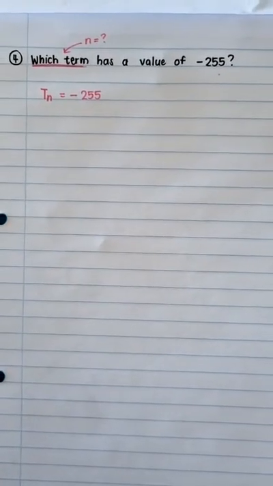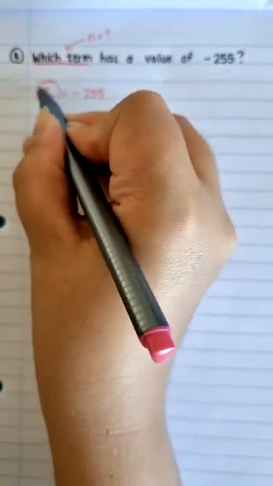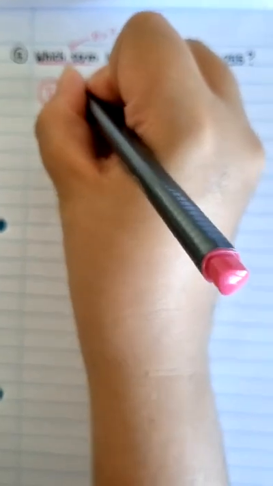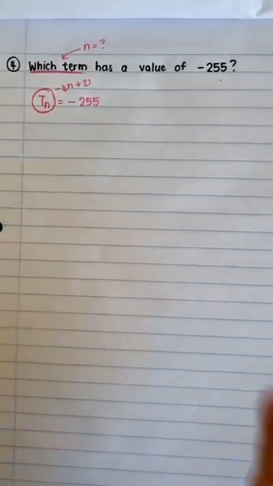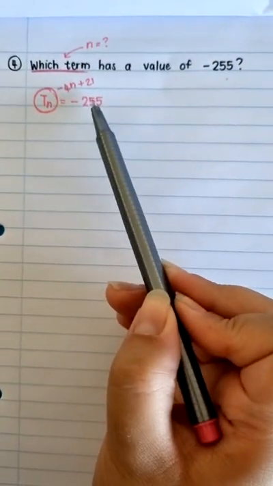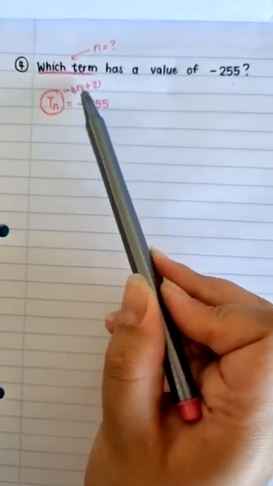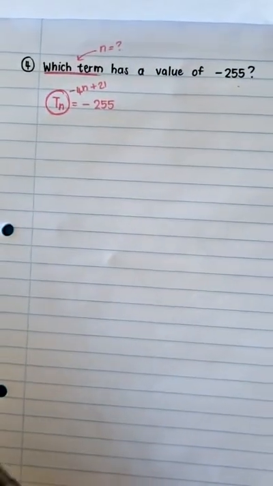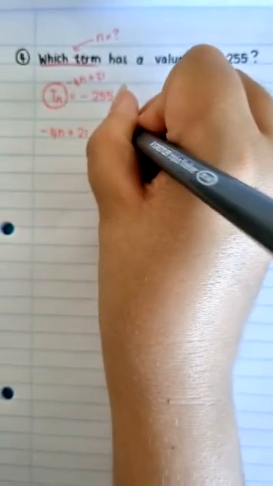All right, so now we're going to use our formula for term n. Remember that term n was negative 4n plus 21. Do we remember that from the previous page? So now we're saying that term n is negative 255. So we're going to take that formula that we found and make it equal to negative 255. So we're going to say negative 4n plus 21 is equal to negative 255.